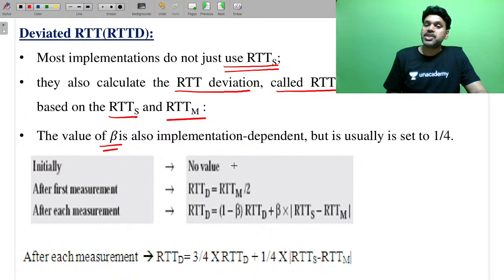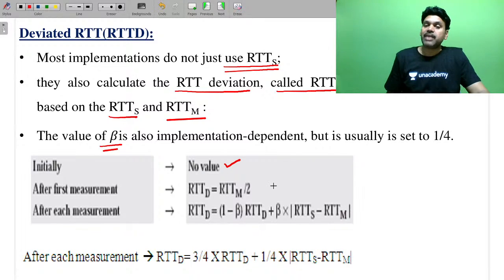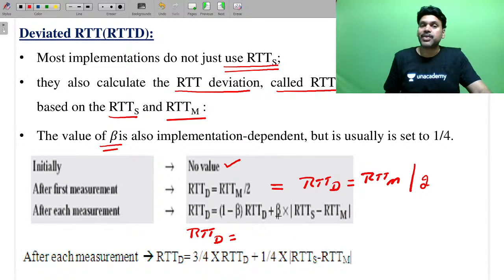Initially there is no value. At the time of the first exchange, your RTT deviation is your RTTM by 2. And in the next exchange, what is going to happen? Your RTT deviation is very similar to your RTTS.